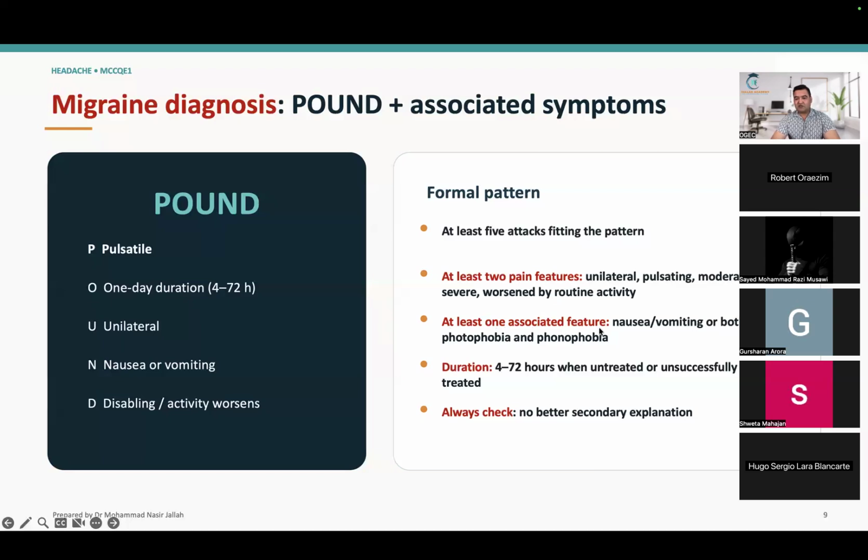At least 1 associated feature: that pain, which is unilateral, which is pulsatile, should have associated symptoms or findings like nausea, vomiting, or both, or phonophobia or photophobia, or both. The duration, again, 4 to 72 hours when untreated or unsuccessfully treated. Always check, no better secondary explanation.